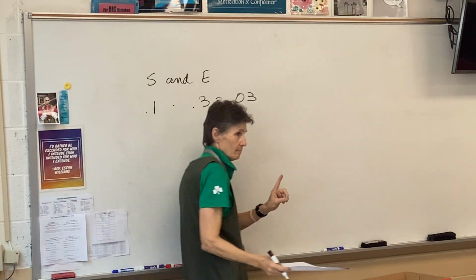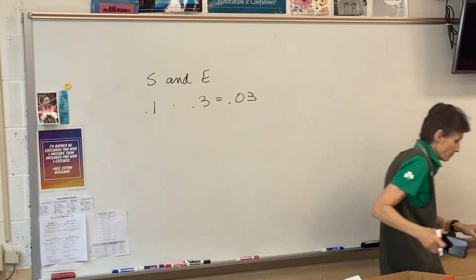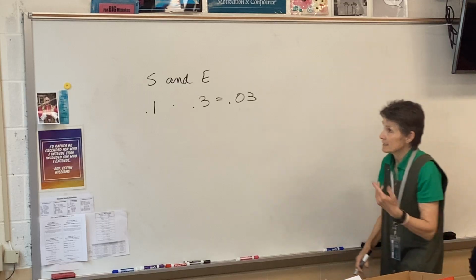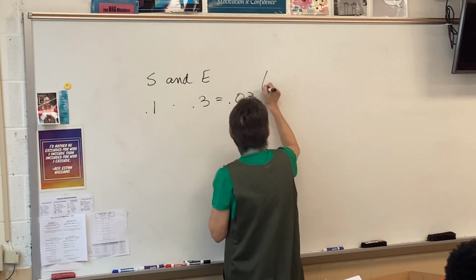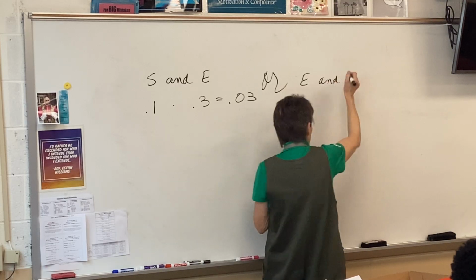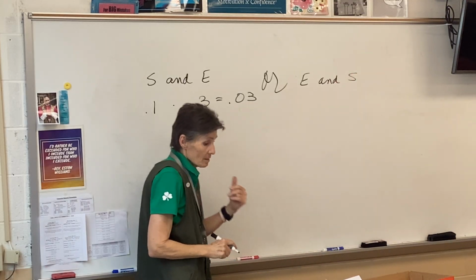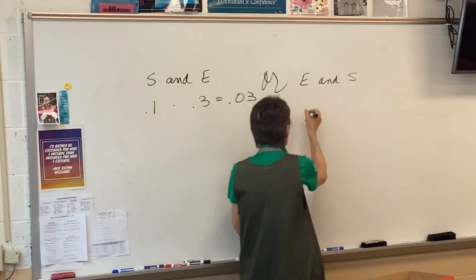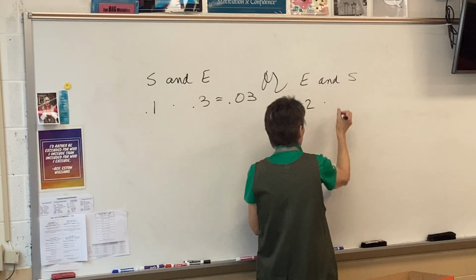But we're not done. Do you see it? We don't know who likes what, and it doesn't tell us. So we did science and English, or it could be English and science. Would you agree with that? So English and science would be 0.3 and 0.1.